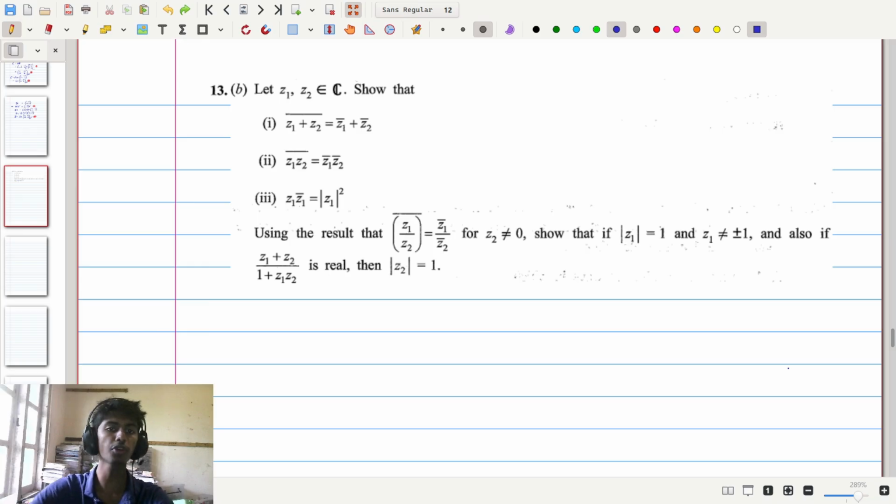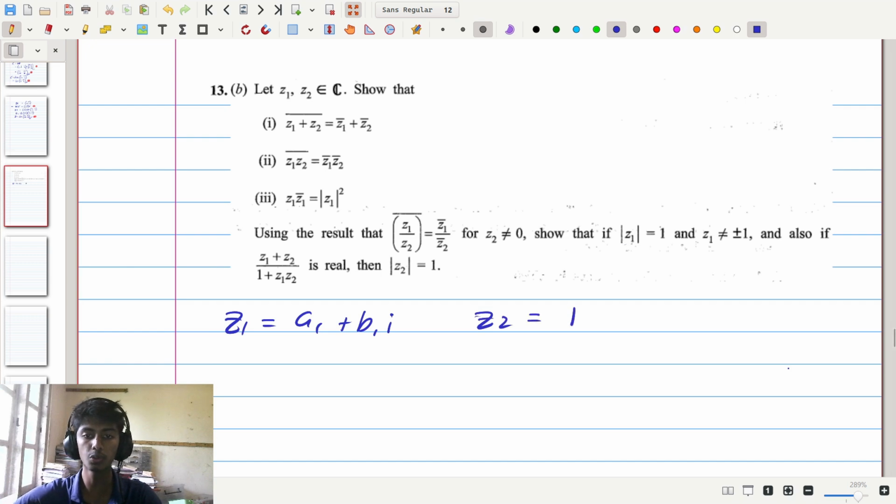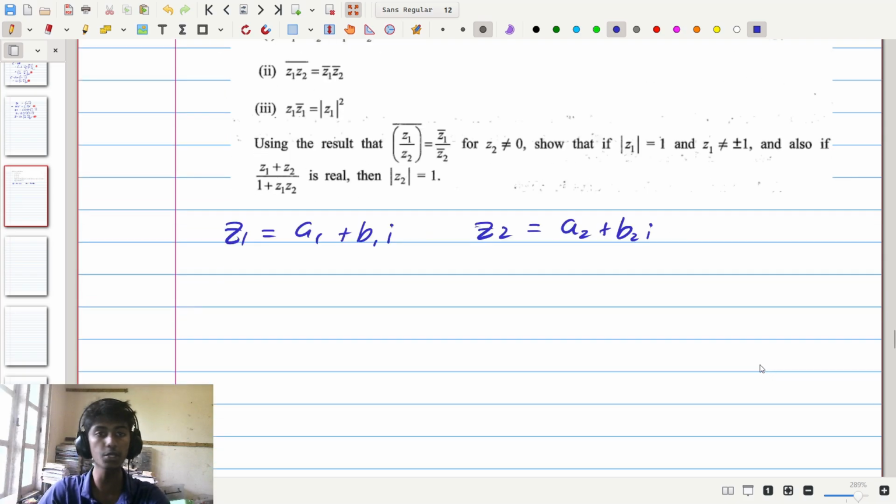Now to start off this question, what we're going to do is to assume that Z1 and Z2 are elements of the complex numbers and try to prove each of these three identities separately by using Z1 equal to A1 plus B1I and Z2 equal to A2 plus B2I, for A1, B1 and A2, B2 elements of the real numbers.